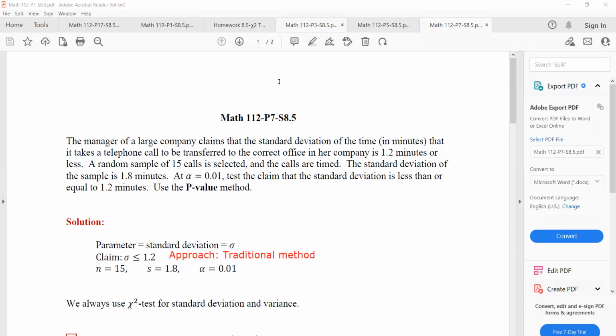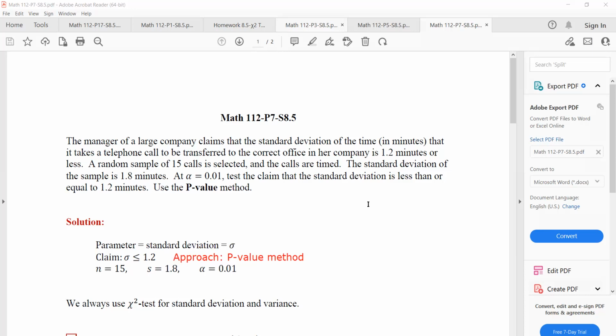I'm sorry, that's wrong. It says do p-value. My apologies. So you're going to write the approach is the p-value method. All right, so then you write the givens. We know how to do that. Not hard, okay? She gave them to you from the problem.